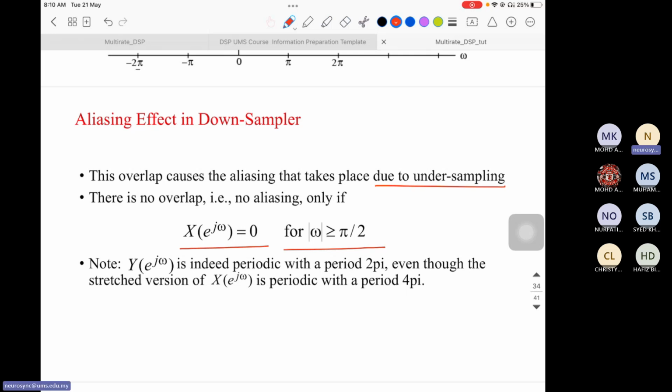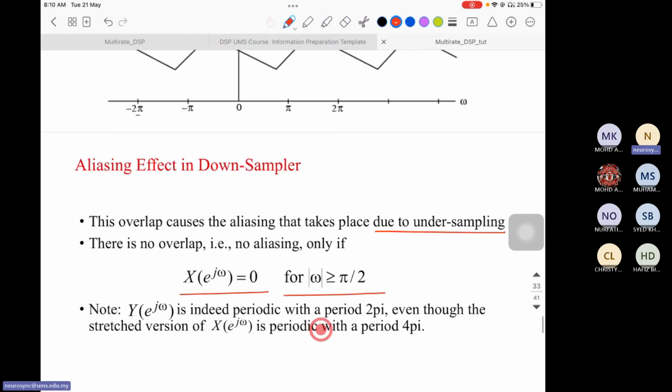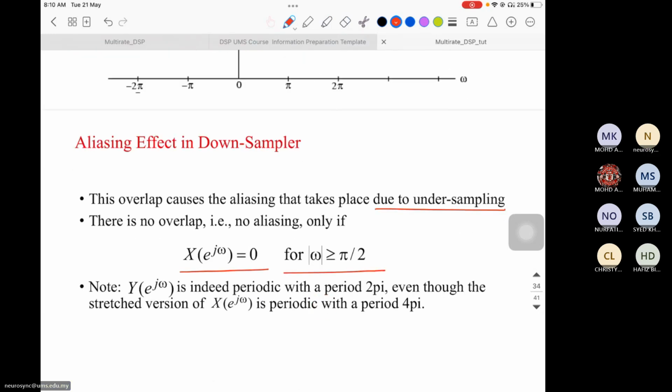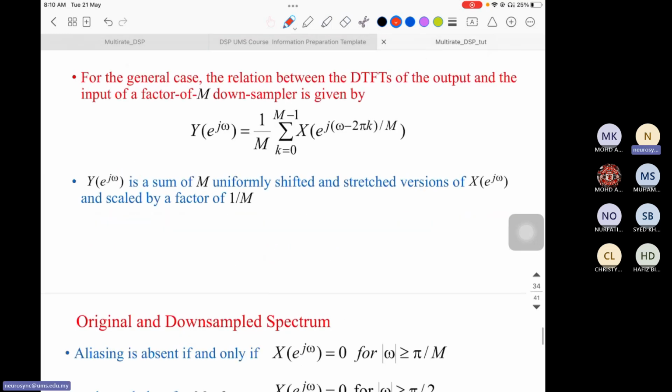Now Y of e^j omega is basically periodic with period 2 pi, even though the stretched version of X of e^j omega is periodic with period 4 pi.